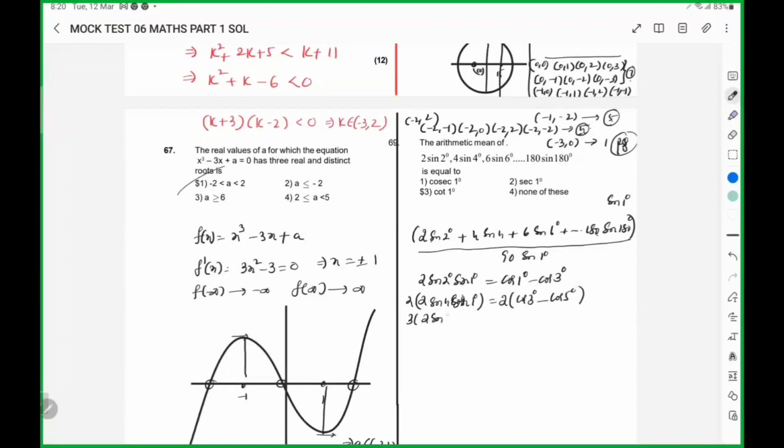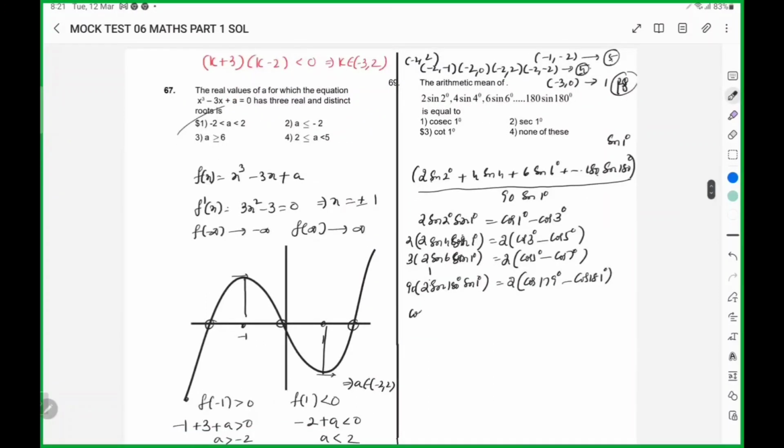Similarly, 2 sine 6 sine 1 gives cos 5 minus cos 7. Here 2 sine 180 sine 1 gives cos 179 minus cos 181.